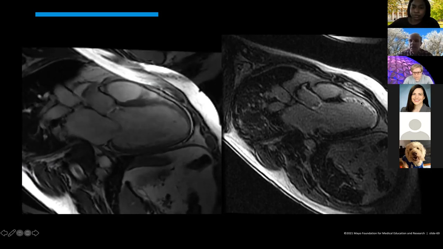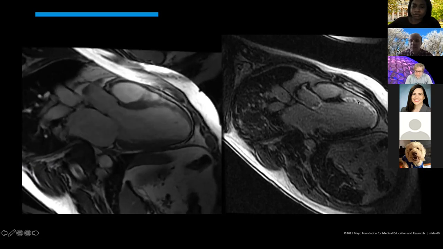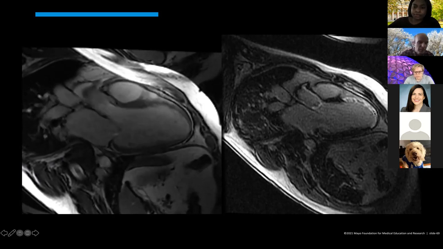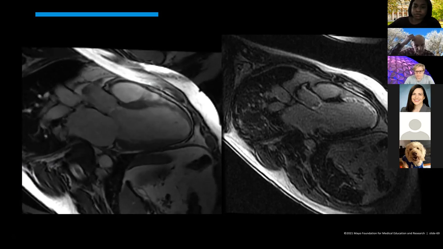You see the black areas that are surrounded by the enhancement. That is due to microvascular obstruction. So we acquired these images about 10 or 12 minutes after we injected contrast.